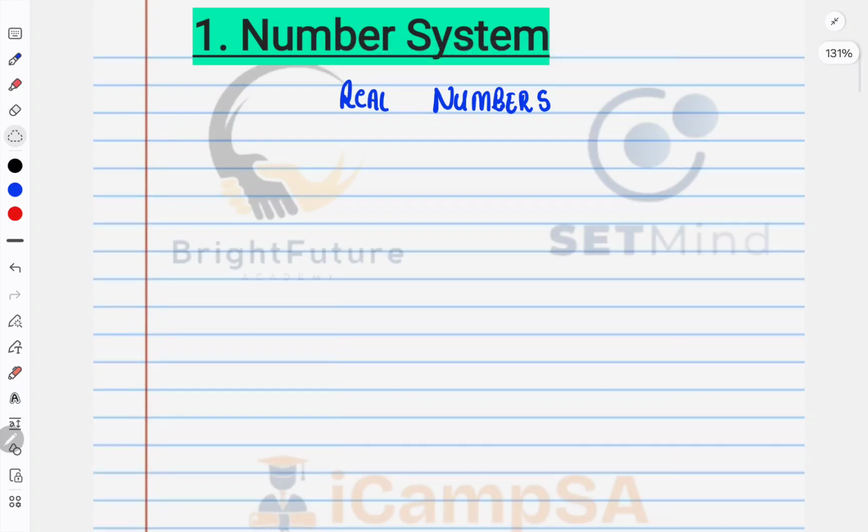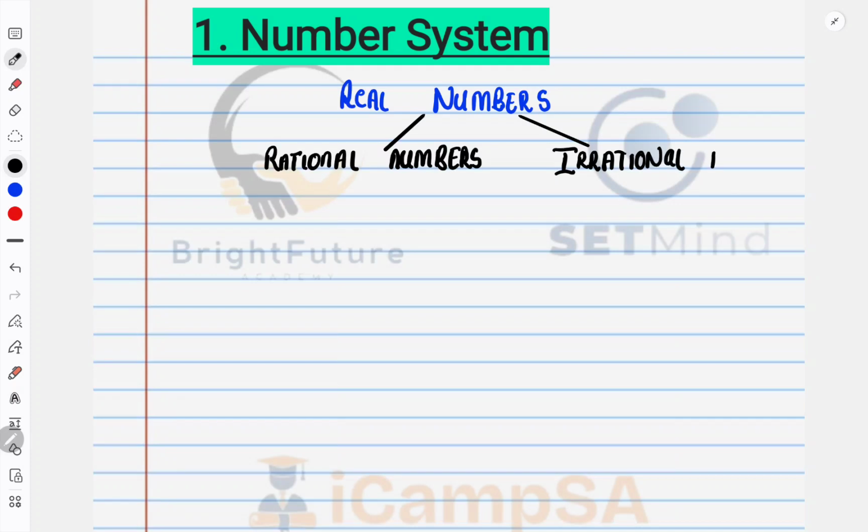Those two systems that fall under the real numbers are our rational numbers, and I'll explain what this means, and also irrational numbers. I'll explain how these two differ, because they're essentially the opposites of each other.